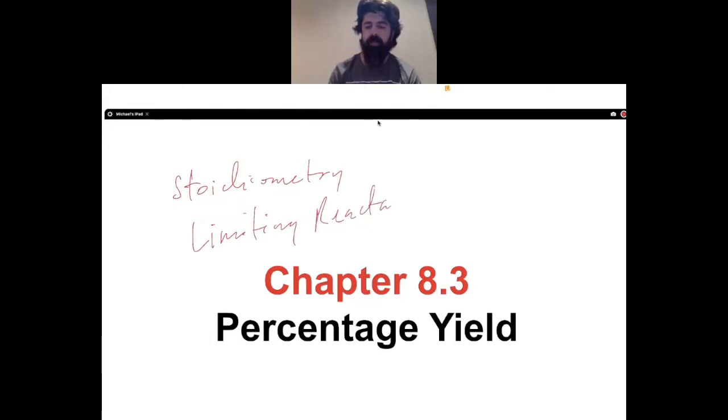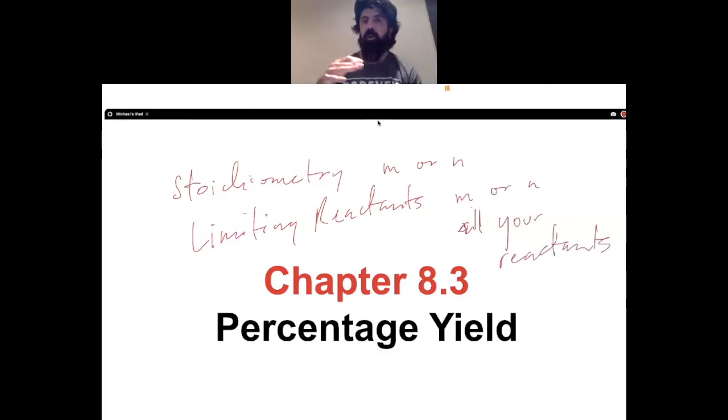Okay, so in stoichiometry, typically you're only given, let's say, the mass or the moles of one thing. In a limiting reactants question, however, you will be given the mass or moles of all your reactants.